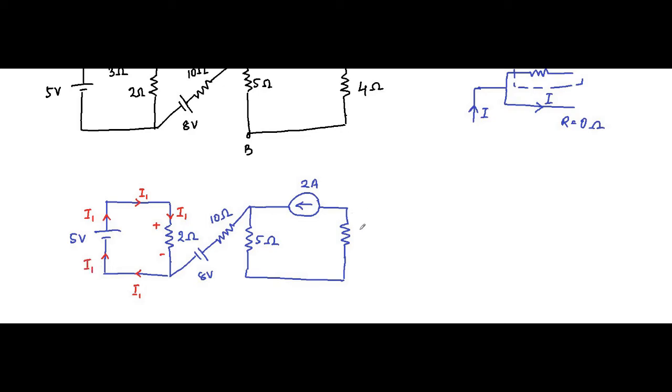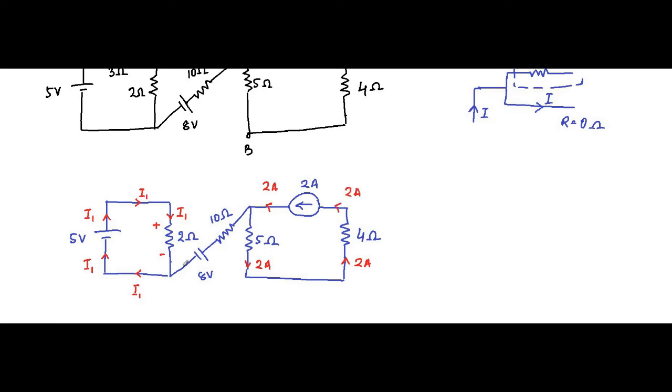This one is 4 ohm. Here also it is a 2 ampere current source, so here also it is 2 ampere, and the same 2 ampere will flow into it.